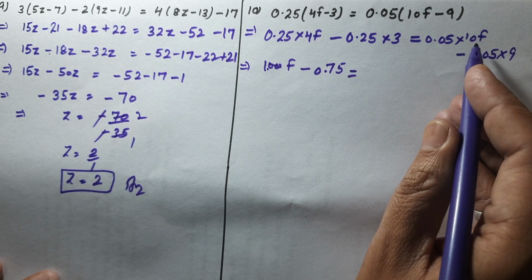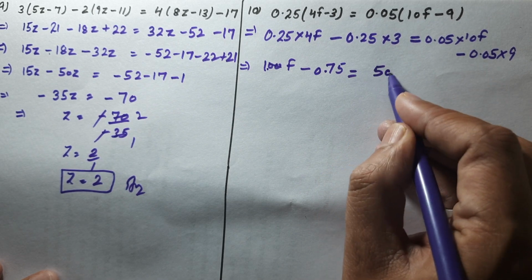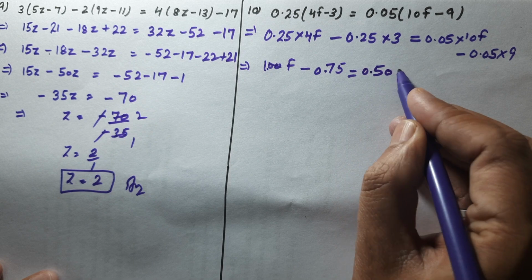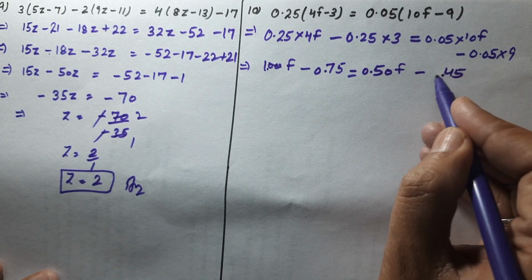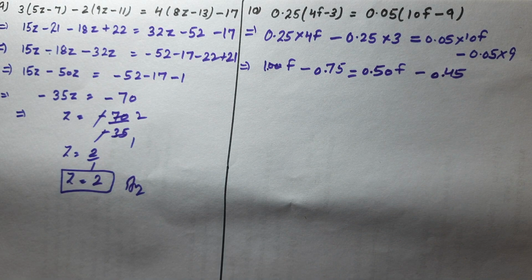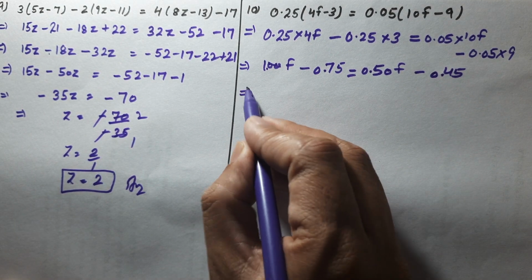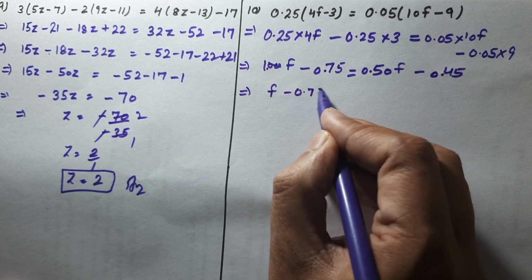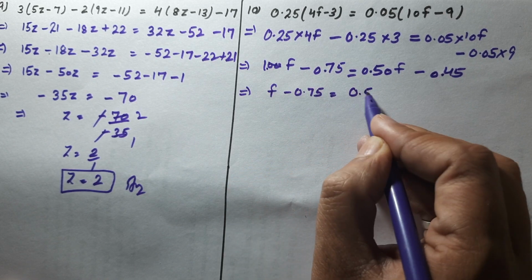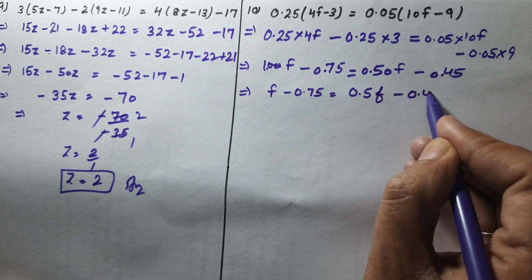Now 5 into 10 is 50, and decimal after 2 places, so 0.5f. Minus 9 into 5 is 45, decimal after 2 places, you can just simply put it. Now solve it. 1f minus 0.75, that is 0.5f minus 0.45.